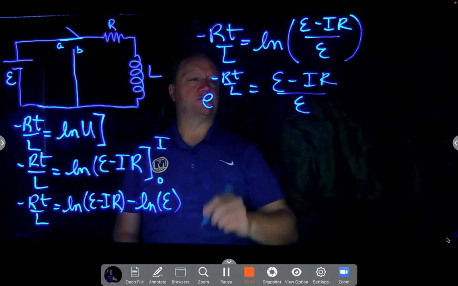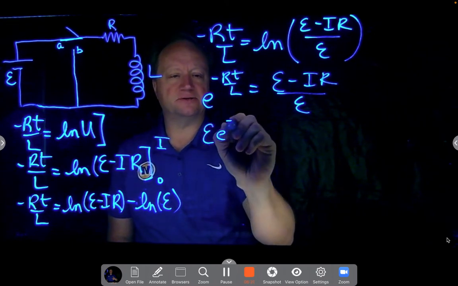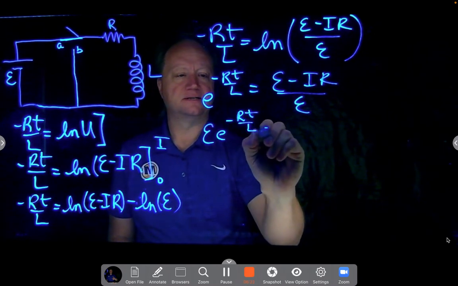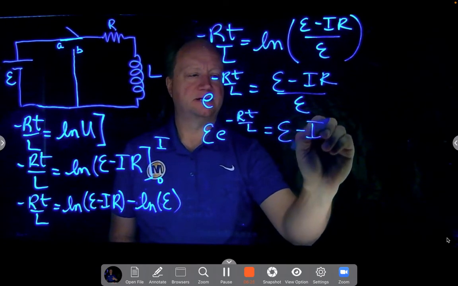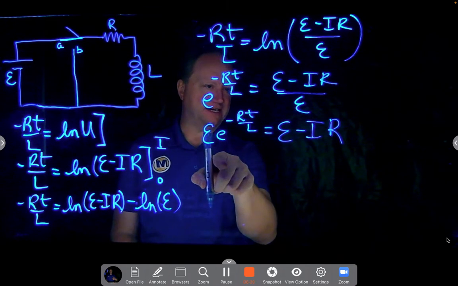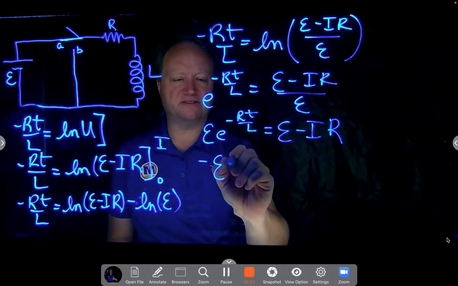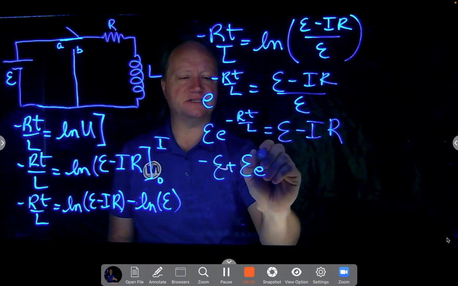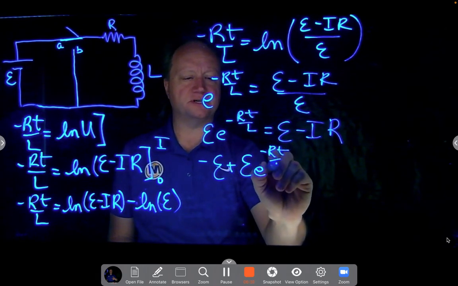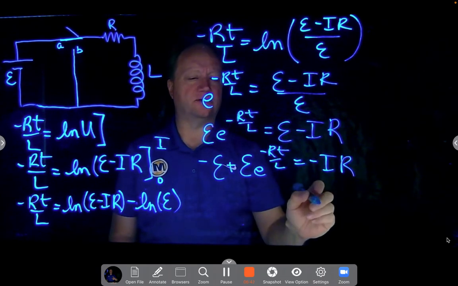Now a little bit of algebra to solve down for I, multiplying the EMF to the other side, and now subtracting the EMF and dividing over by the negative R. This gives me negative EMF plus EMF times e to the negative Rt over L is equal to negative IR.